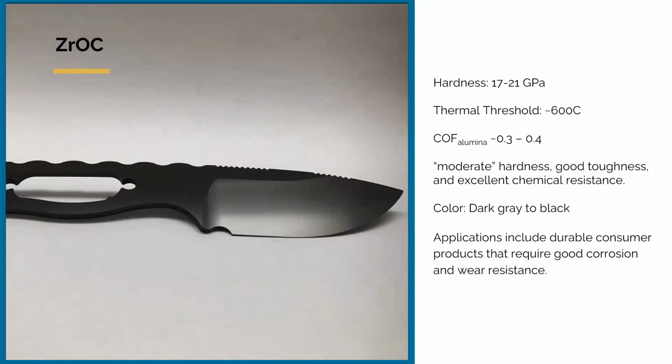And here's the Xerox. This is one of our, I wouldn't call them proprietary coatings, because you're already using it in some industries. Even though it may not have as high a hardness as some of the other coatings we talked about, it is still pretty high. It has a pretty decent thermal threshold along the lines of the other ones, and has this nice dark gray to black color that in consumer products is sometimes important.